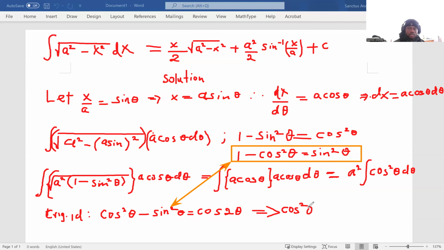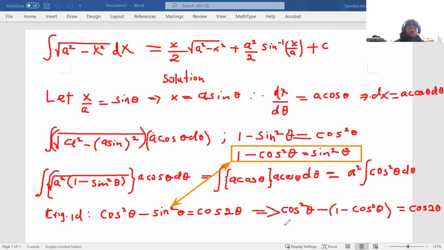So we'll have cos theta minus, then I'll put bracket of 1 minus cos square theta. I hope we are following. Okay. Equal to cos 2 theta. All right, so minus times minus, minus times minus 1, means this will be plus.